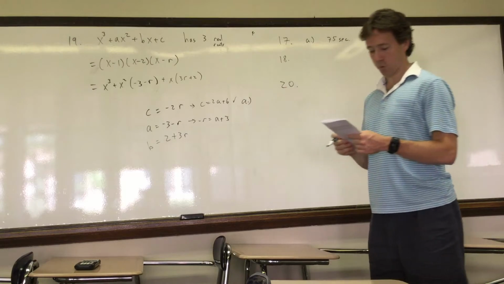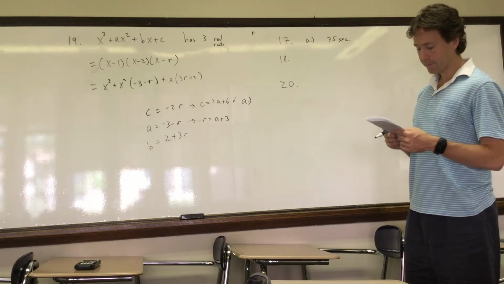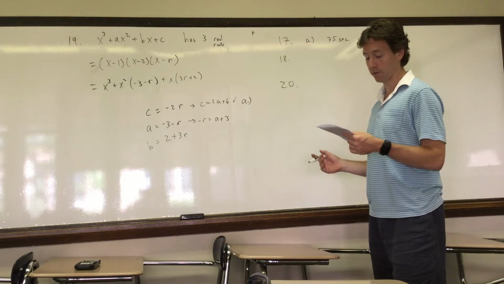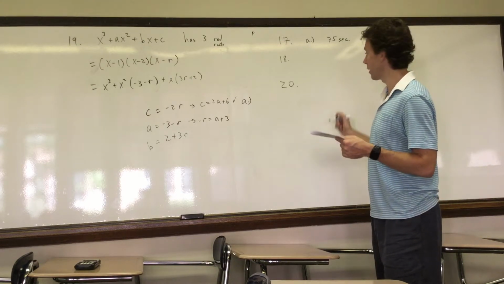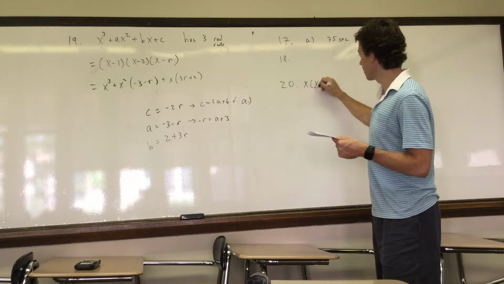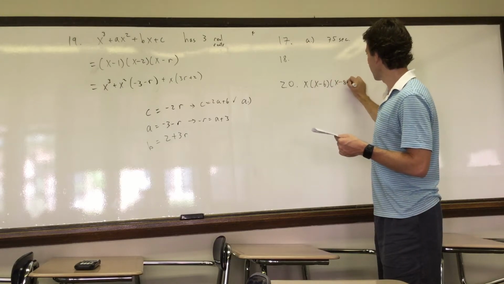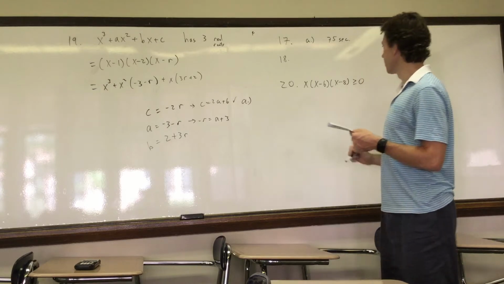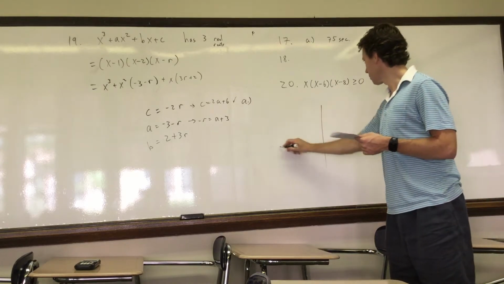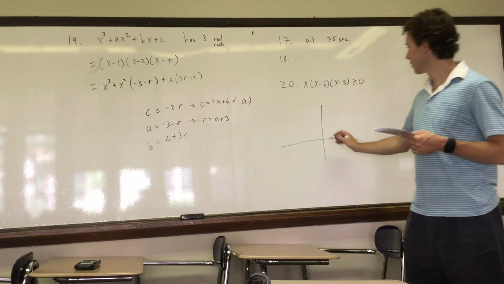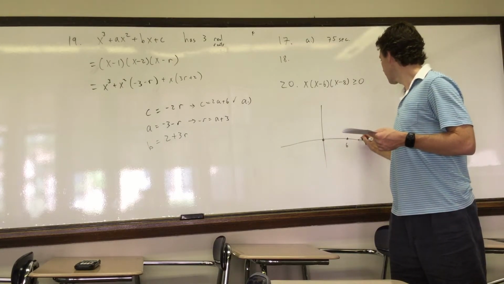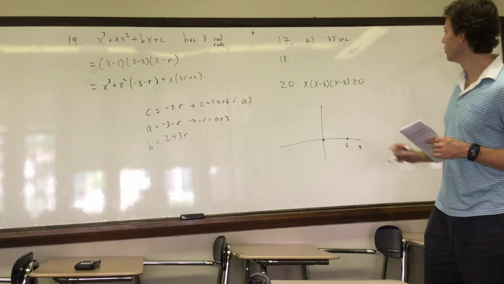Let's take a look at problem 20. How many integers satisfy both of the following inequalities? So I want x times (x minus 6) times (x minus 8) to be bigger than 0. I'll look at this one first. It's a nicely factored polynomial. We have 8, 6, and 0 as the three roots.